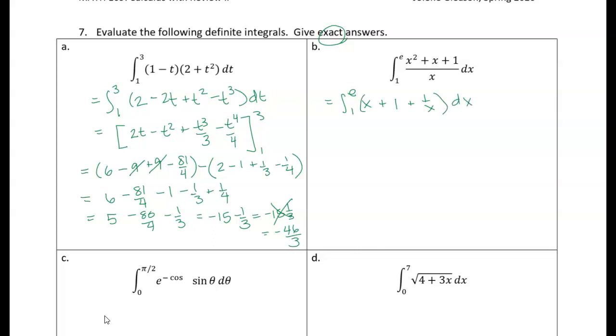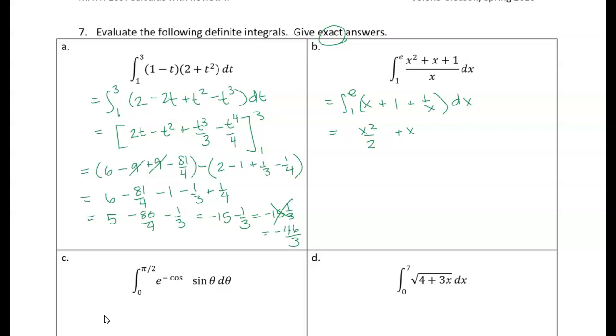All right, so then we can just use the reverse power rule for most of these, right? So we're going to get x squared over 2 plus x. Of course, the reverse power rule doesn't work here. If you tried to, you'd have a divide by 0 problem, because x to the minus 1 plus 1 is x to the 0, and then you divide by that 0.